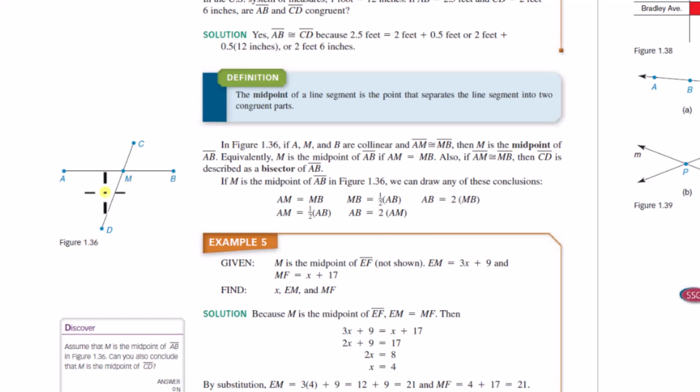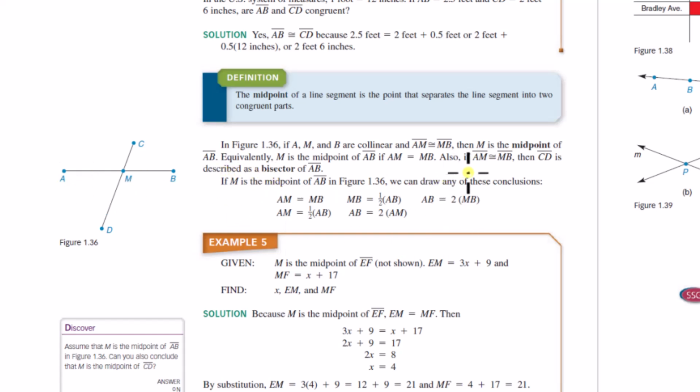Now, is M the midpoint of CD? It doesn't look like it. M is collinear with C and D, it's on line segment CD, but the length of MC is not equal to the length of MD. So no, it's not the midpoint of CD, but it is the midpoint of AB.